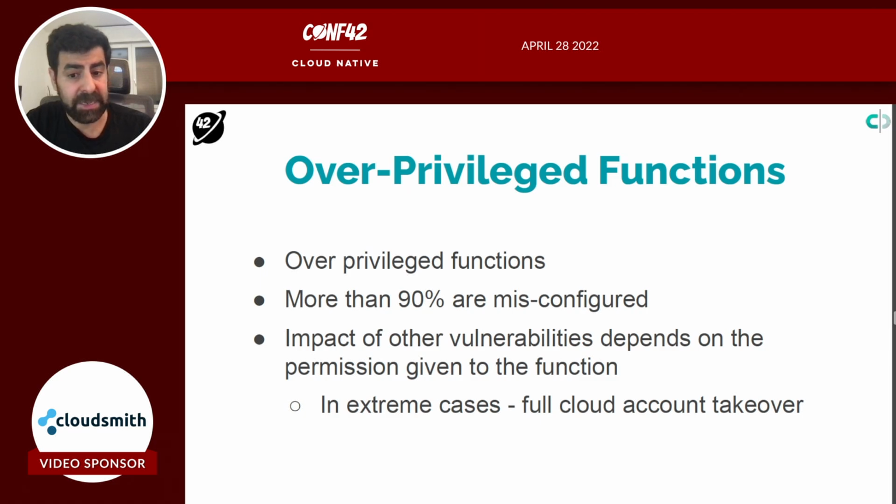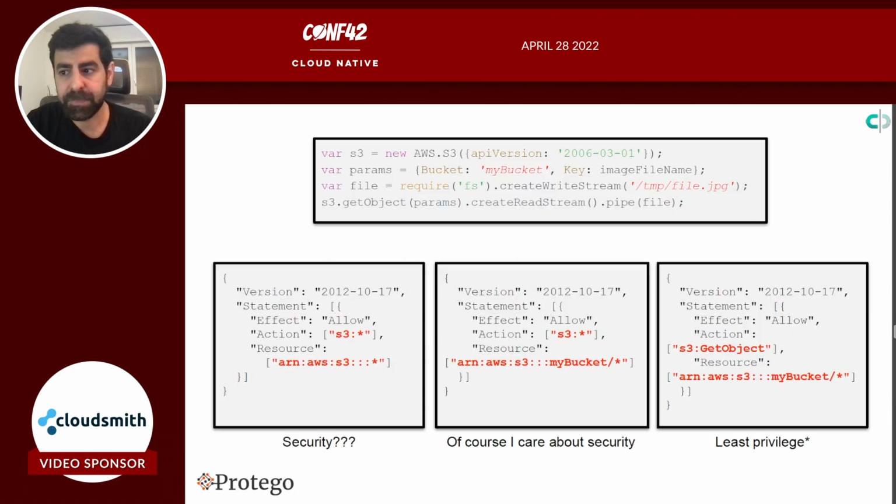Okay, in many cases, it's going to be limited, maybe stealing some data from the database or from your cloud storage, but in extreme cases, it can really lead to a disaster, leading to your complete cloud account takeover.